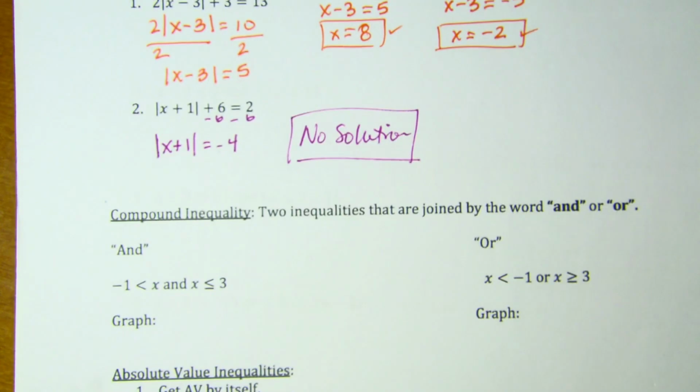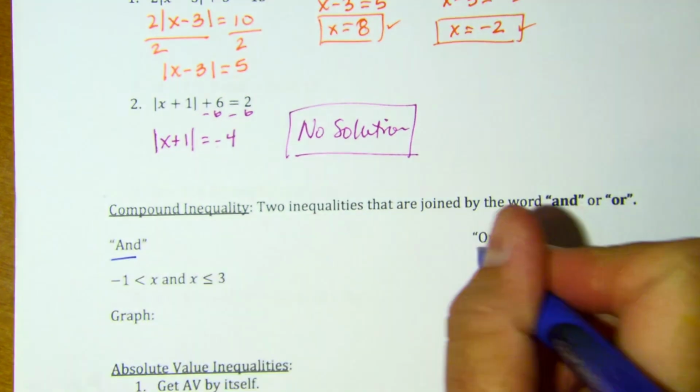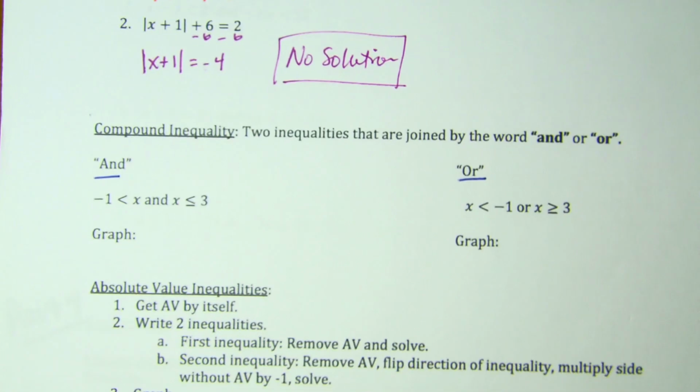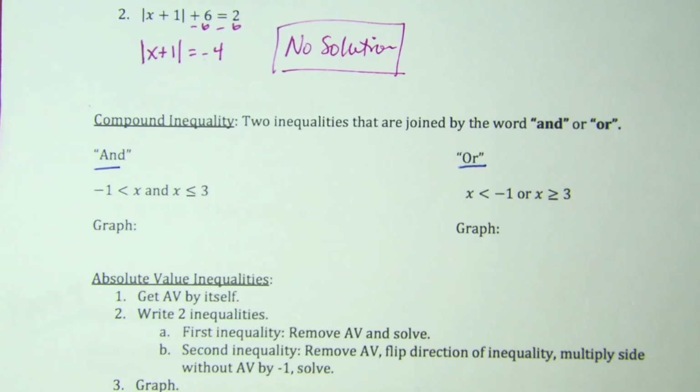All right, now the next type of equation we're going to look at, and this is going to be the last type in this video, is compound inequalities. So we're going to look at compound inequalities as well as absolute value inequalities. And we're going to be looking at the difference between the word and and or. And so this is probably going to send you back to the first couple of videos when we talked about the union and intersection of sets.